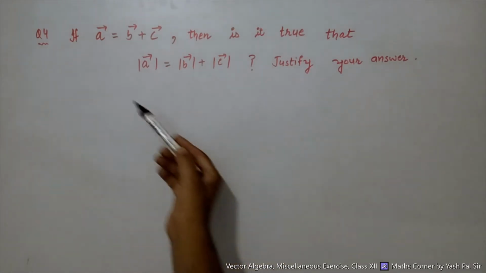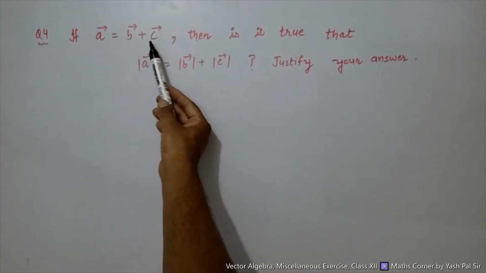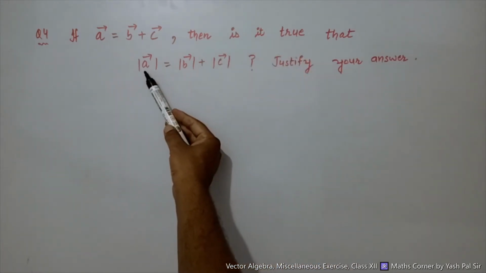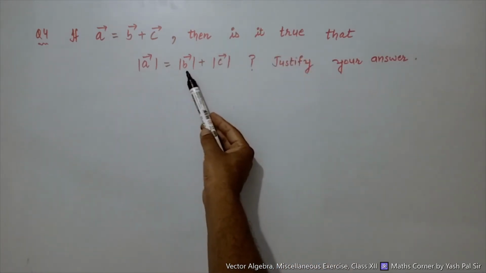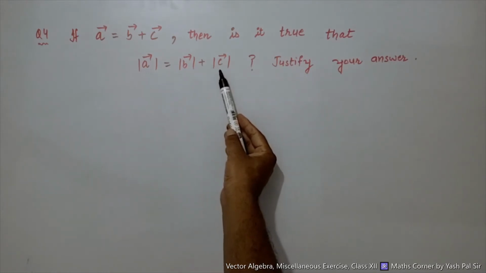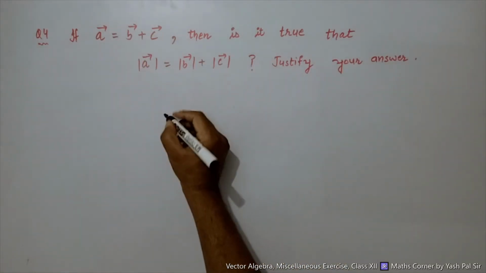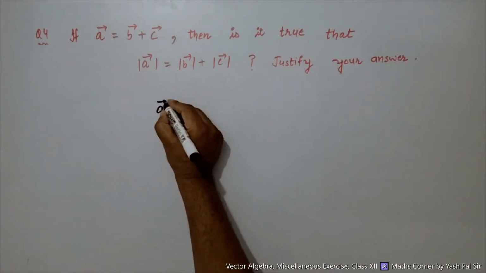Question number 4. If vector A is equal to vector B plus vector C, then is it true that magnitude of vector A is also equal to magnitude of vector B plus magnitude of vector C? Justify your answer. Now here we start from the given condition. What is given?